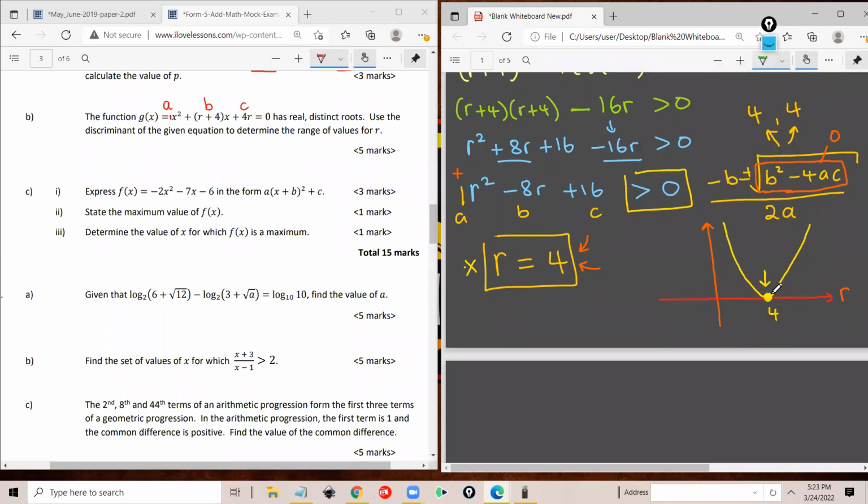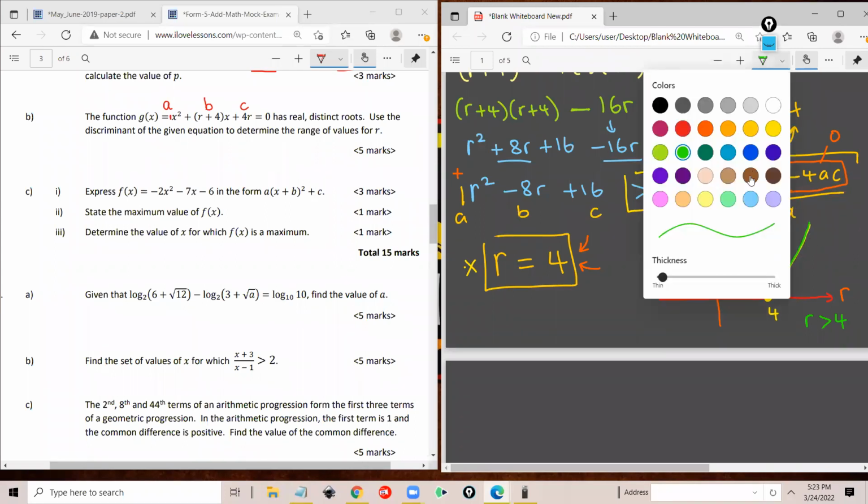So which part of the graph is above the x-axis? If we leave the 4 and continue this way, this green part is above the x-axis. So apparently when R is more than 4, the graph continues above the x-axis.